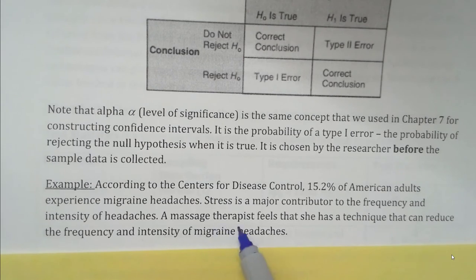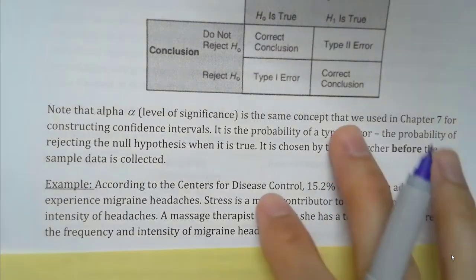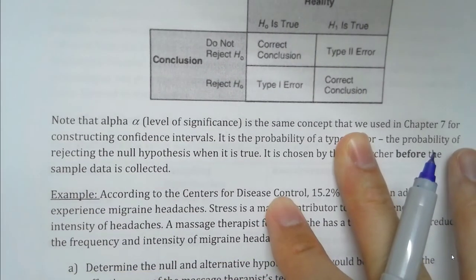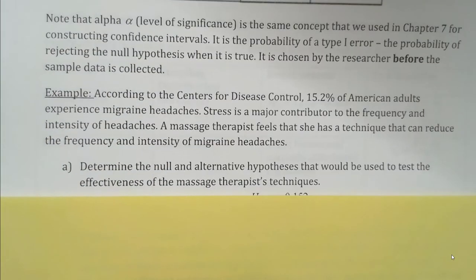A massage therapist feels that she has a technique that can reduce the frequency and the intensity of the migraine headaches. Now, part A. Determine the null and the alternative hypothesis that would be used to test the effectiveness of the massage therapist's techniques.